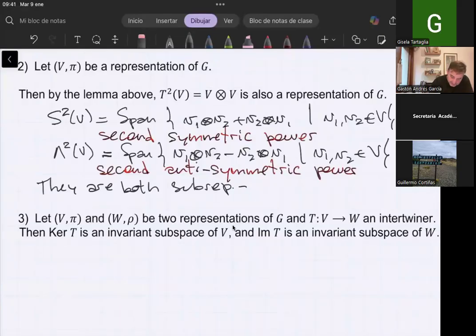Actually, one has more than this: the whole tensor product can be described as the direct sum of these two spaces. So we can describe our representation V tensor V as the sum of two representations.